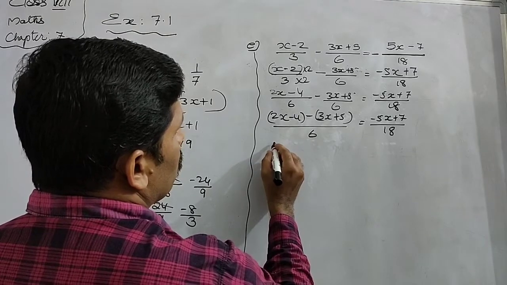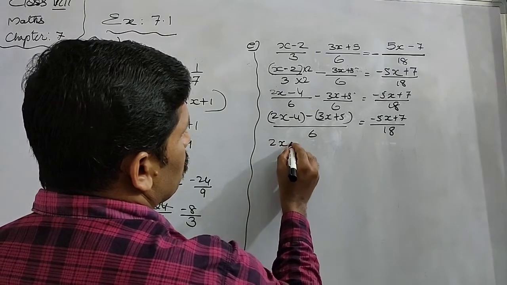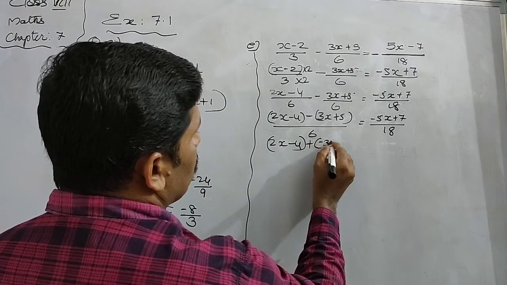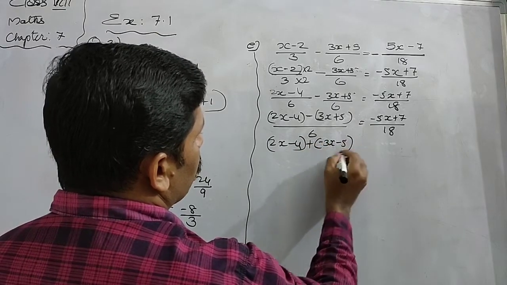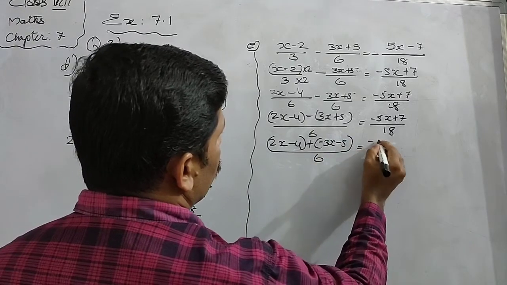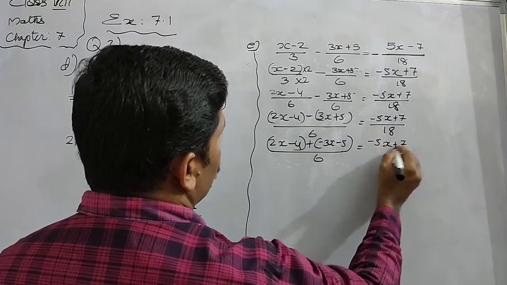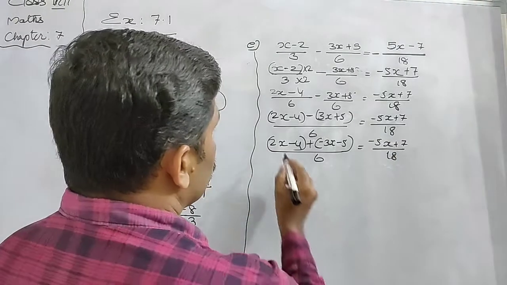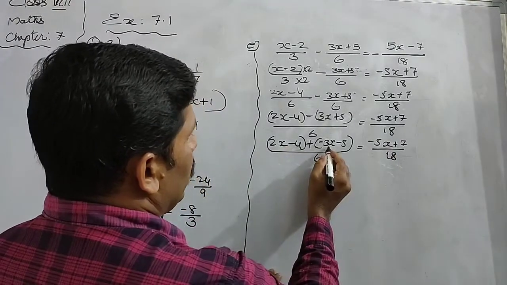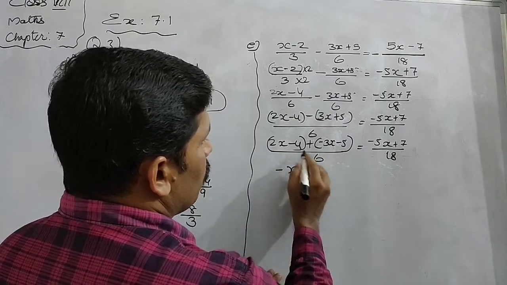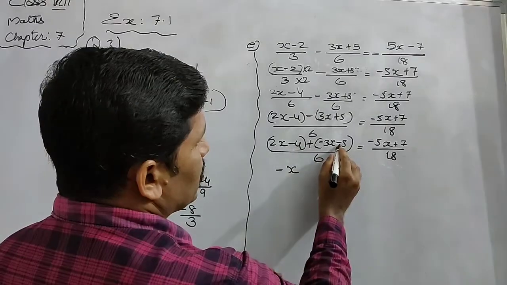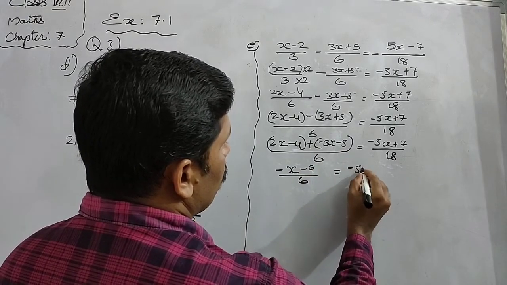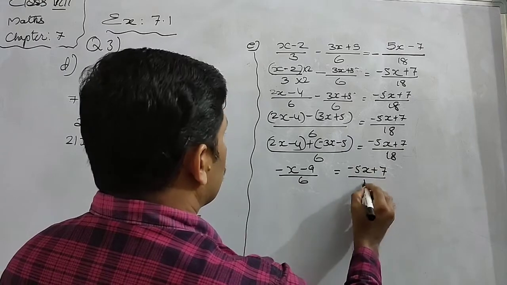So we can rewrite it 2x minus 4 plus negative 3x minus 5 upon 6 is equal to negative 5x plus 7 upon 18. Then here you can see that 2x minus 3x is equal to negative x. Negative 4 plus negative 5 is equal to negative 9 upon 6. That is equal to negative 5x plus 7 upon 18.